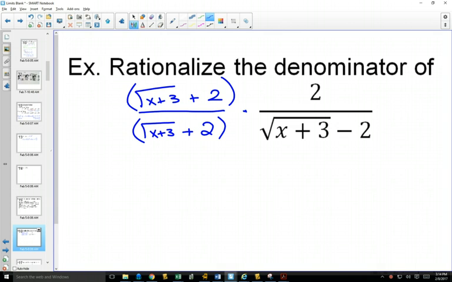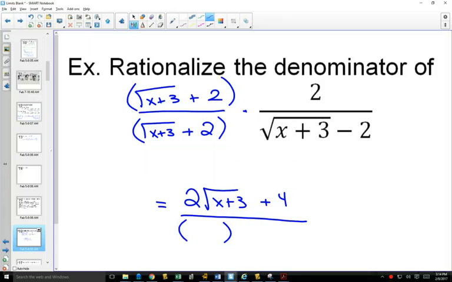On the top of your equation, you can just distribute. So you're going to get 2 square root of x plus 3 plus 4. And on the bottom, when you multiply this out, this is a difference of squares. So you can say, well, I'm going to get the first one squared. Well, if I did the first one squared, I'm going to get just x plus 3 minus the second one squared, which will just be minus 4.